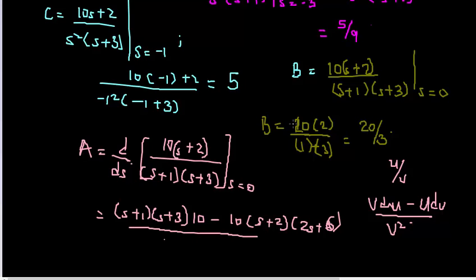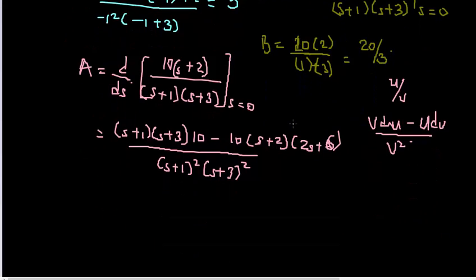Your v squared becomes s plus 1 all squared into bracket s plus 3 all squared. Now this part is settled. Substitute s equals to 0 into this particular equation. When you substitute s equals to 0, you notice that your final answer A will be equal to minus 50 over 9.